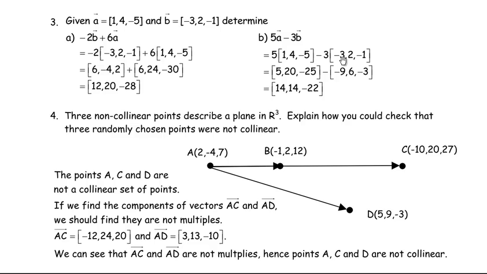So 3 times that's negative 9, 3 times that's 6, and 3 times negative 1 is negative 3. And so I'm now subtracting because I just distributed a positive 3 in. 5 minus negative 9, same as 5 plus 9, so that's 14. 20 minus 6 is 14, and negative 25, now subtract negative 3, the same as adding 3. So negative 25 plus 3 would be negative 22.